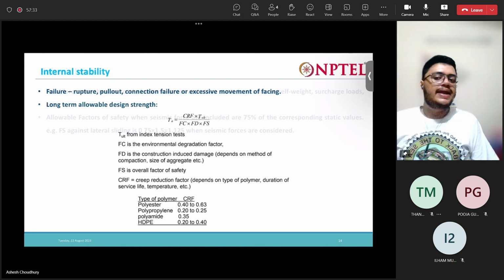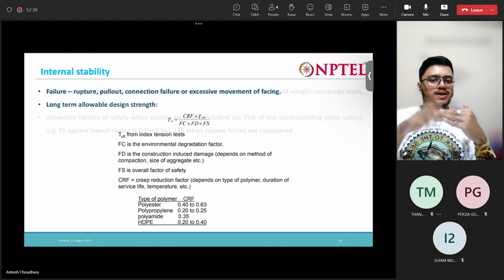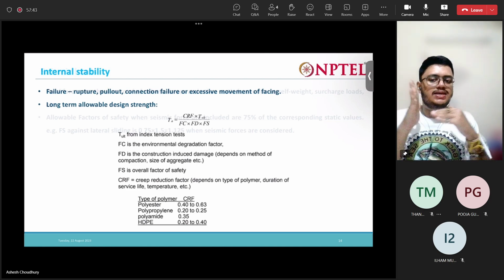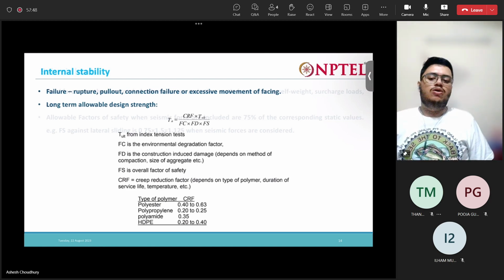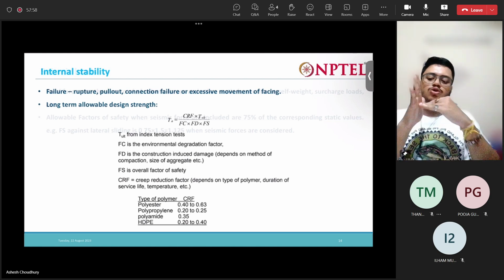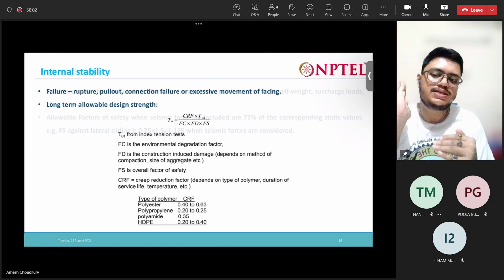And the third is the connection failure or excessive movement of the facing. Connection failure means the reinforcement is connected to our facing, right? We discussed how they are joined to the facing blocks, the modular blocks. So connection failure means there is loss of connection between the reinforcement and the facing block.